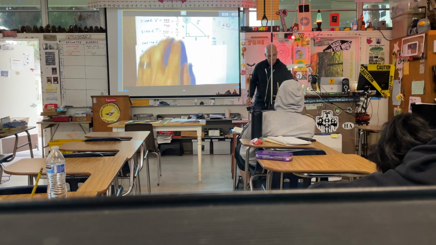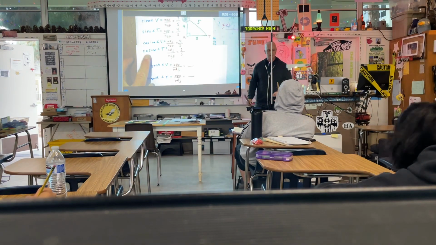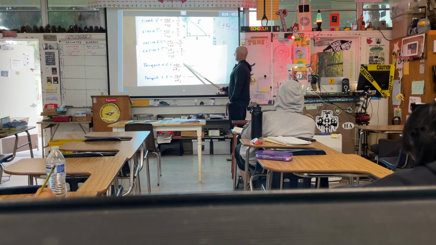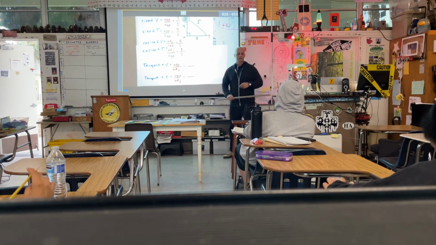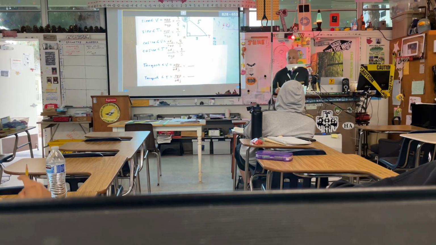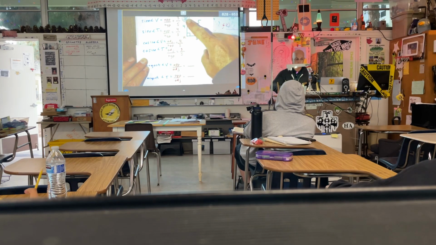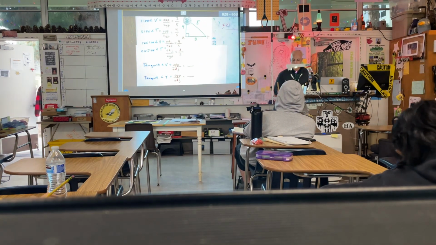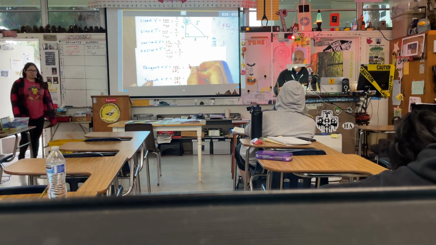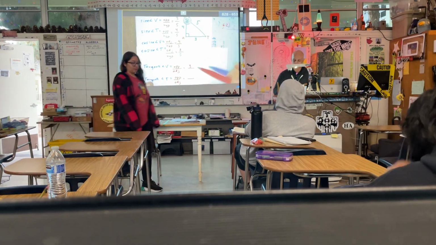I am on V. Who can give me the opposite over the adjacent for my dime up on V? 3/4. She's right. The opposite of angle V is 3. And the adjacent is next to it, which is 4.